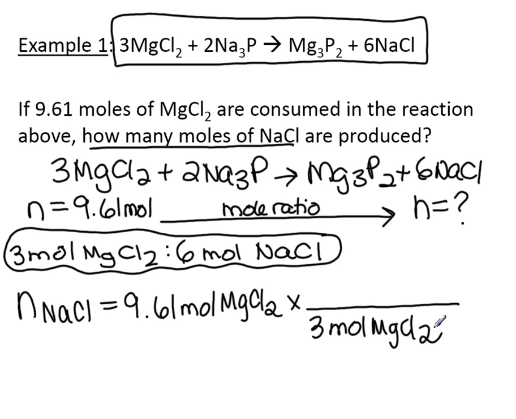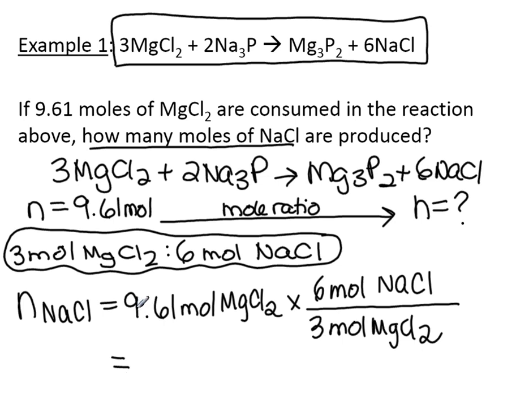So I put that on the bottom, and then my 6 moles of sodium chloride are going to go on the top, like that. And now when I look at my units, moles of magnesium chloride and moles of magnesium chloride cancel. And now I can go ahead and plug that in my calculator.